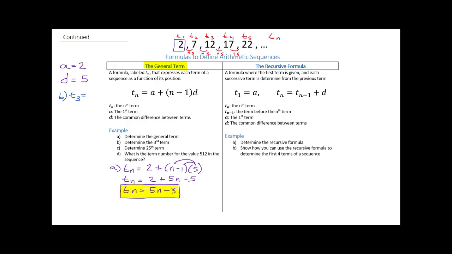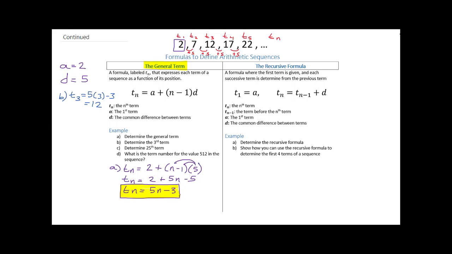And we're going to replace the n here also with 3. So 5 times 3 minus 3, well, obviously 5 times 3 is 15. 15 minus 3 is 12. It worked. That's what we wanted to get, right? Term 3 is 12. Perfect. So it's always good to test it out, make sure it works on something that we're sure about the number.